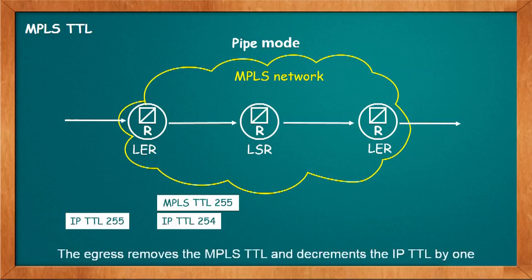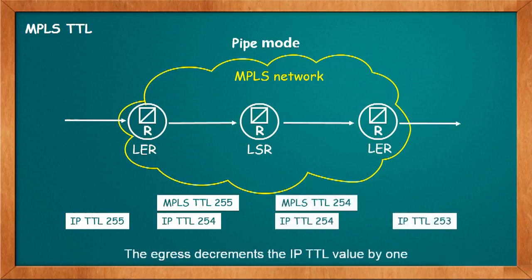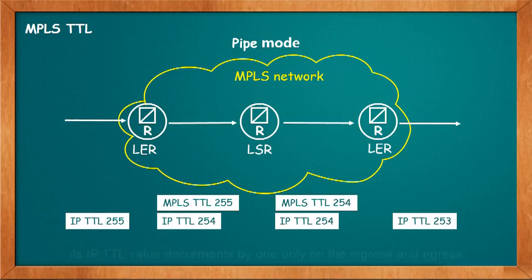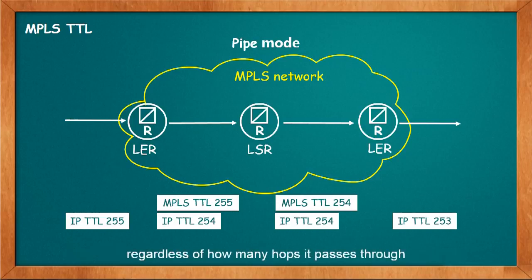The egress removes the MPLS TTL and decrements the IP TTL by 1. When the IP packet is traveling through the MPLS network, its IP TTL value decrements by 1 only on the ingress and egress, regardless of how many hops it passes through.